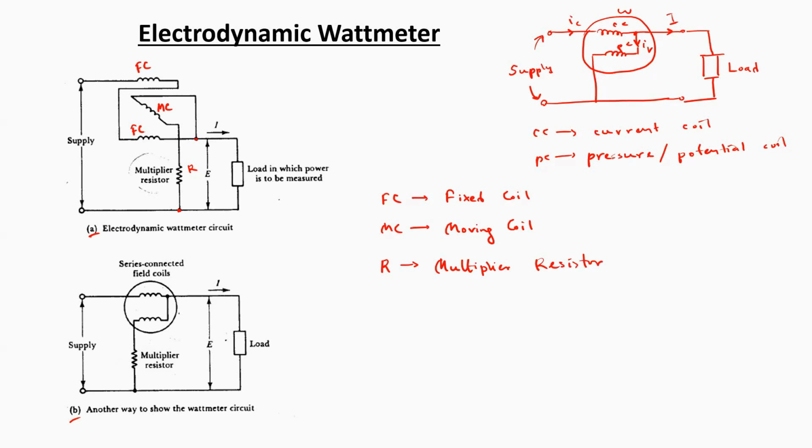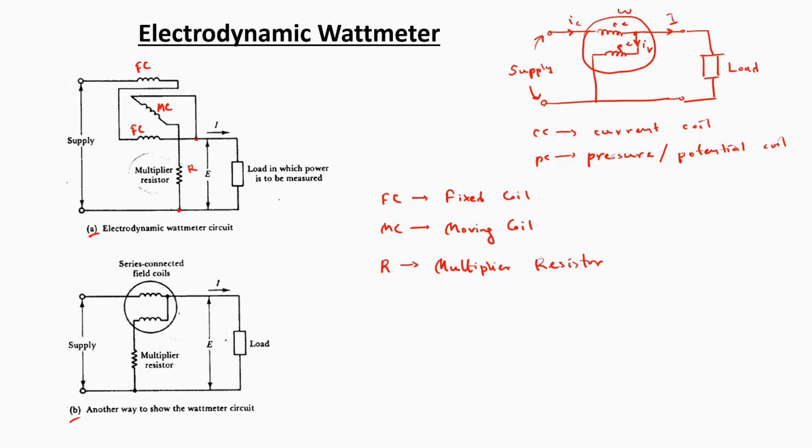By adding a multiplier resistor, a large amount of voltage can be supplied across the potential coil. Another purpose of using the multiplier resistor is to make this pressure coil branch, or the moving coil branch, as purely resistive as possible.